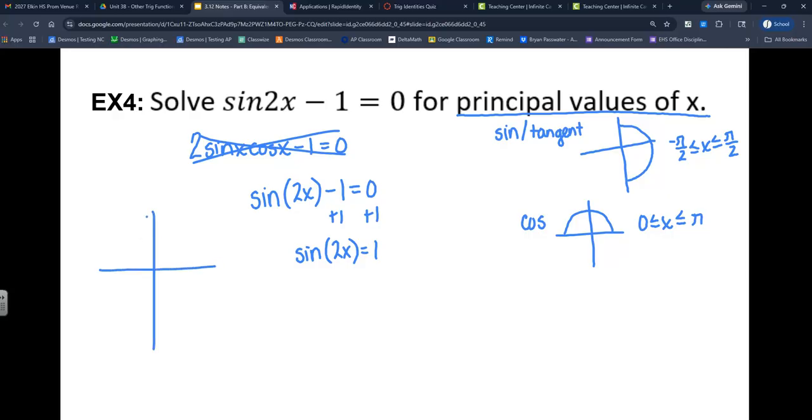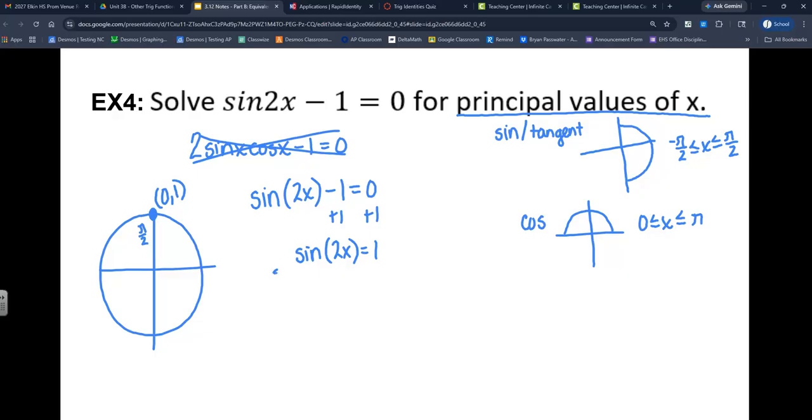I need to think about where on that unit circle does sine equal 1. Ignore the fact that it's 2x for now. On that unit circle, sine, which is our y coordinate, is going to equal 1 right here, and that is at pi over 2.